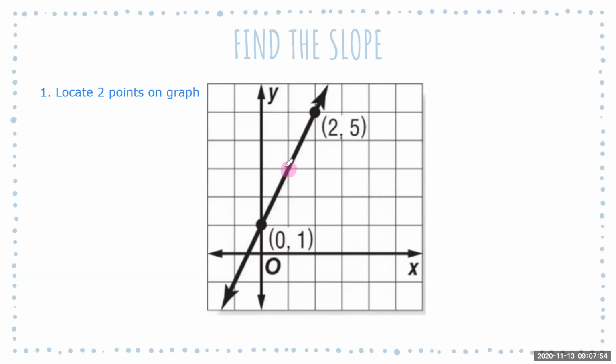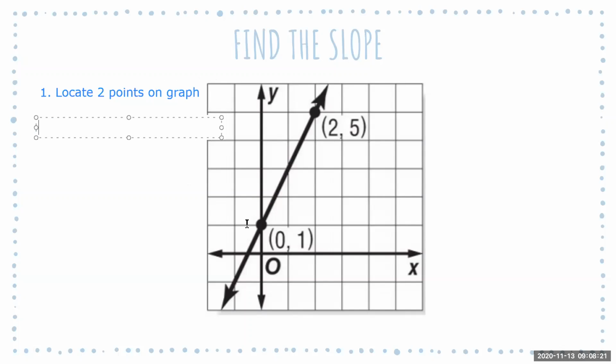My black line crosses the corner here. But I wouldn't be able to choose this point here in blue. This would not be an acceptable point to choose because it's not at a corner of the graph. It's in the middle, and we can't choose anything that's in the middle. So when we choose a point, just make sure that it is at the corner of your graph.